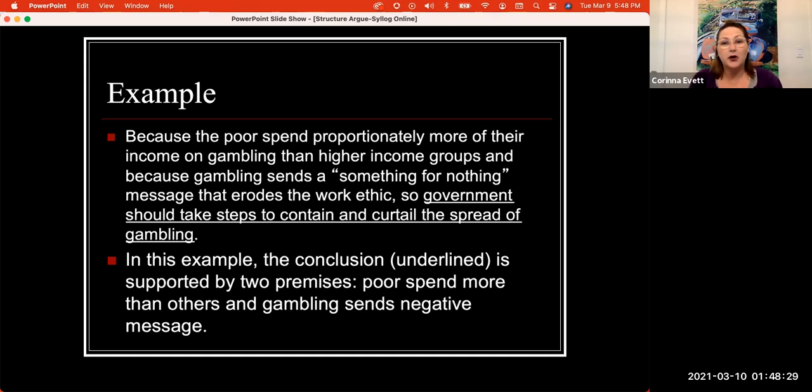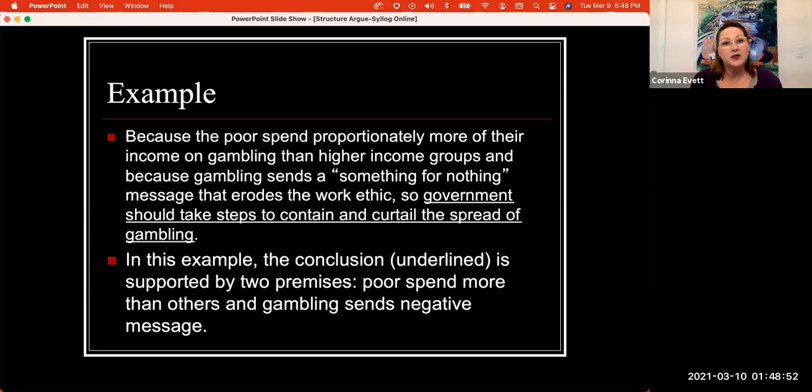Per your critical questions diagrams that you're going to be looking over this week, that would be the conclusion portion, right? And so the issue at question is how we might put that into the form of a question about the issue. The issue is the spread of gambling. That would be the issue, right?